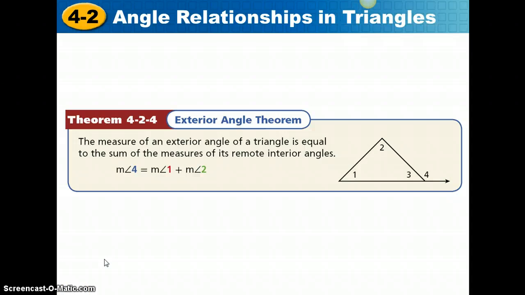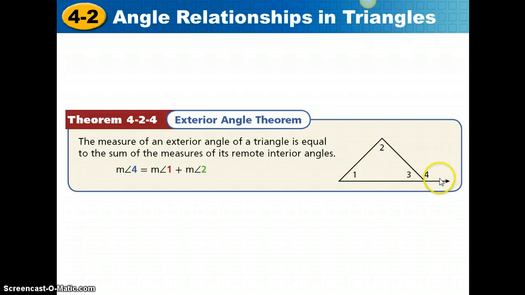And that leads us to our next theorem, the exterior angle theorem. And that is that the measure of an exterior angle is equal to the sum of the measures of its remote interior angles. So in this case, the measure of angle 4 must add up to the sum of the measures of angles 1 and 2.